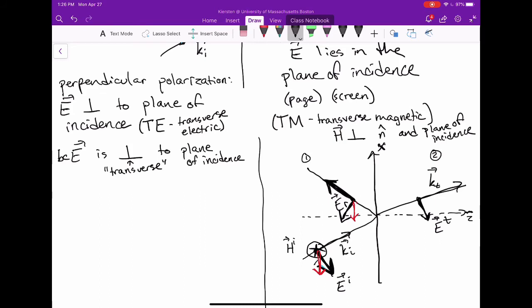Which means that for the reflected wave, the magnetic field is out of the screen because E cross H has to point in the direction of KR. And for the transmitted wave, the magnetic field is into the screen because E cross H has to equal KT. That's our problem definition for parallel polarization.